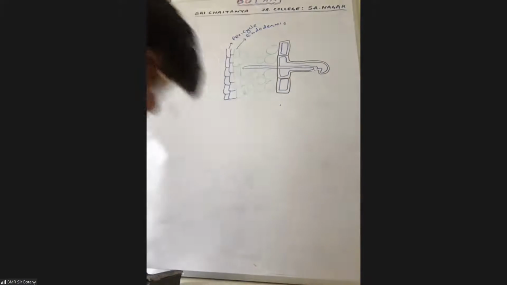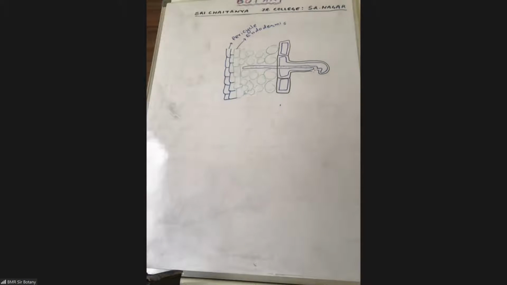In addition, it was also giving rise to a part of vascular cambium to help in secondary growth. If it is a monocot root, no secondary growth. Only one function the pericycle has, giving rise to lateral roots, which are endogenous. Remember, beta. Okay.